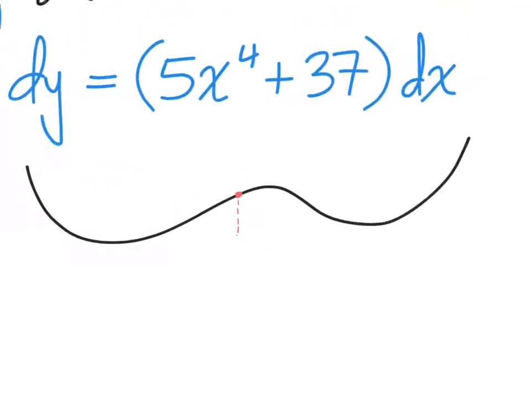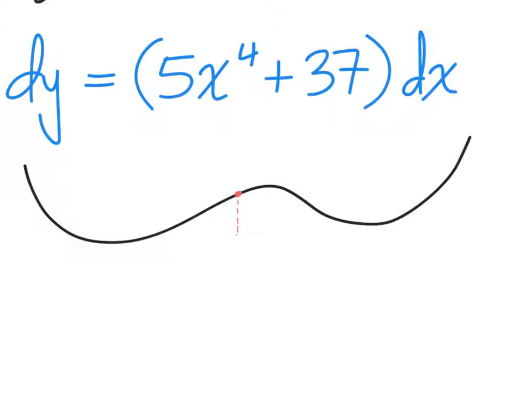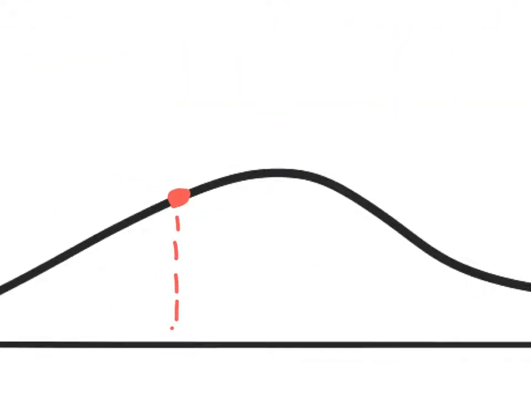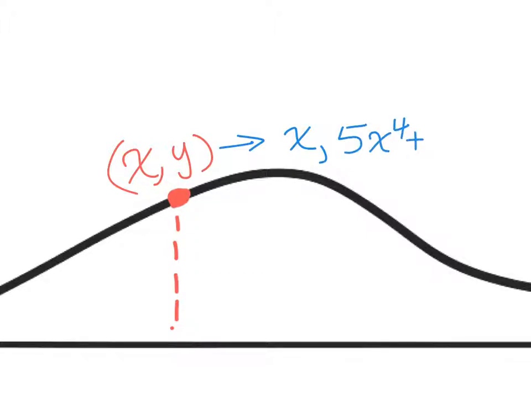Let me get an axis here. Every coordinate in space is an x value followed by a y value, x comma y. So in this case, it would correspond to x comma 5x to the fourth plus 37.